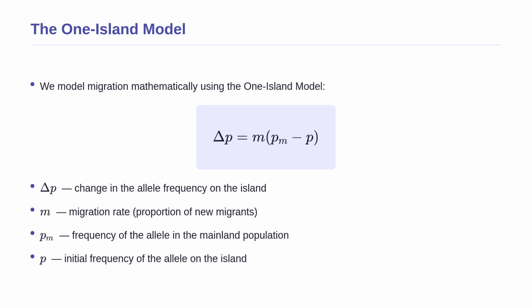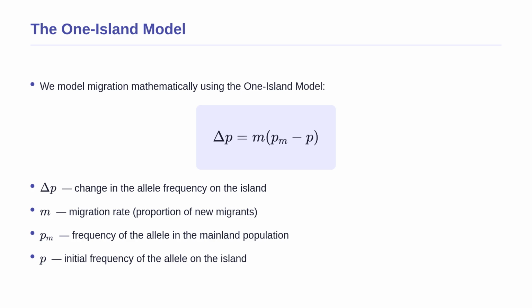To model this genetic mixing mathematically, evolutionary biologists use the one-island model. This formula calculates delta P, which is the change in the allele frequency on the island after one generation of migration. The variable m represents the migration rate, which is the proportion of the island population made up of new migrants.